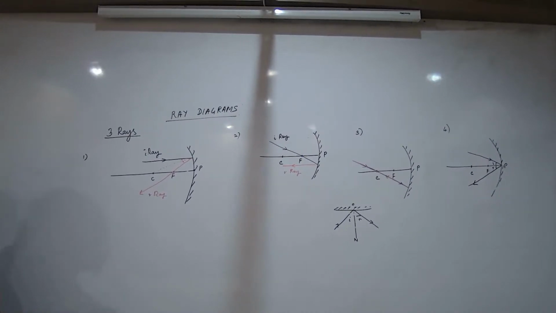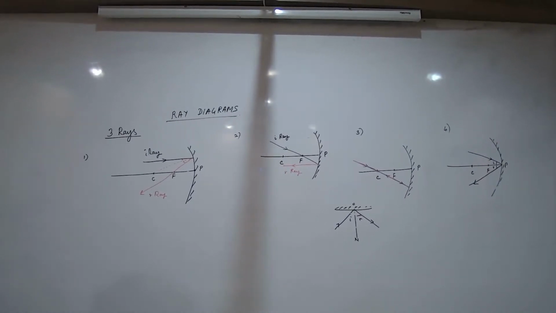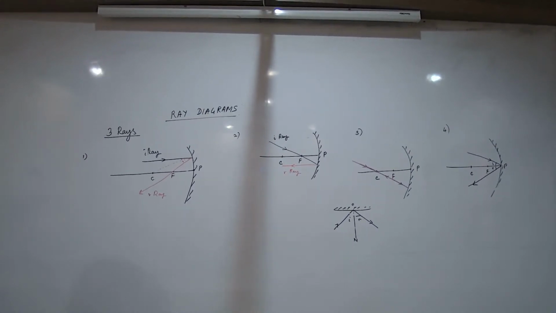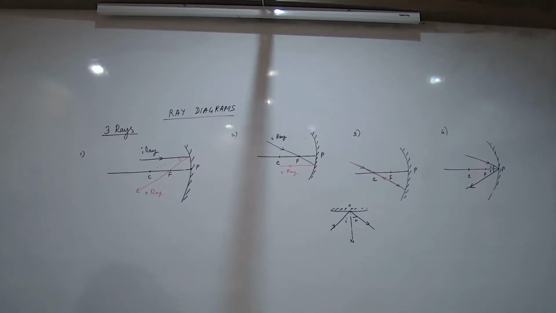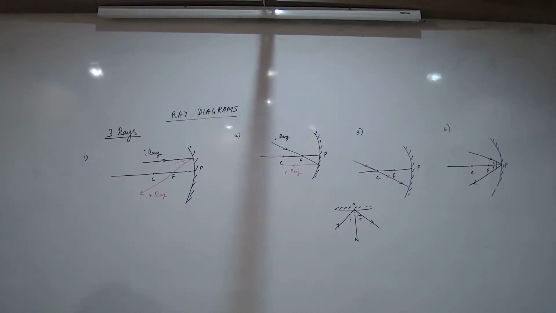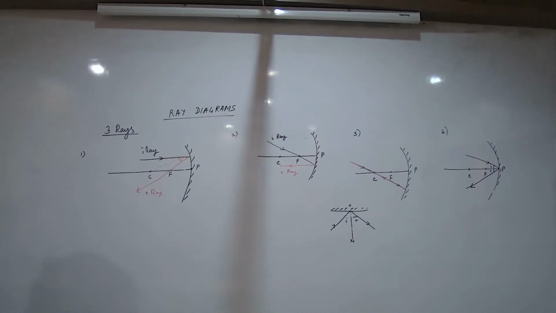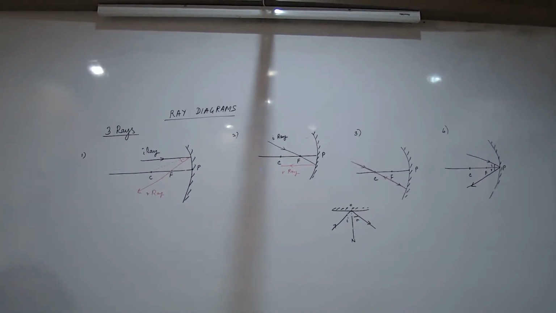Is it getting complicated? No. Easy? Anyone who has any difficulty right now? Always we have to show our incident ray, and after it strikes the mirror, what is happening? Reflected ray. So if you notice in this page, they're only talking about the rays that we can use.